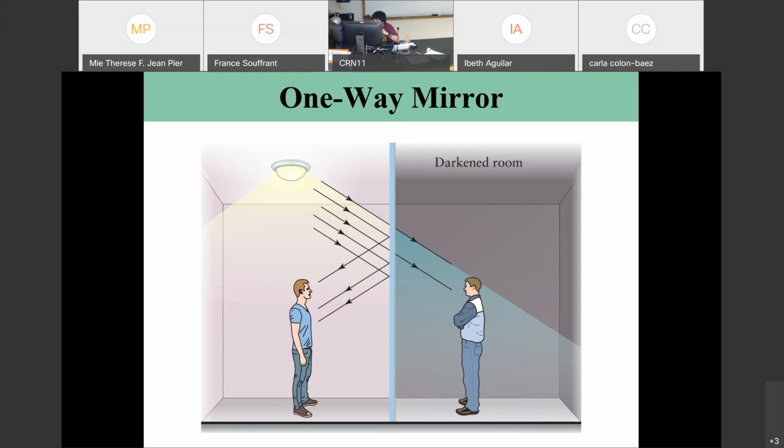It will appear to be an ordinary mirror to anybody in the room, because in the bright room, light is reflected off the half-silvered surface. So you clearly see reflection happening on just one side, the bright side of the room. In the dark side, you only see the image forming.